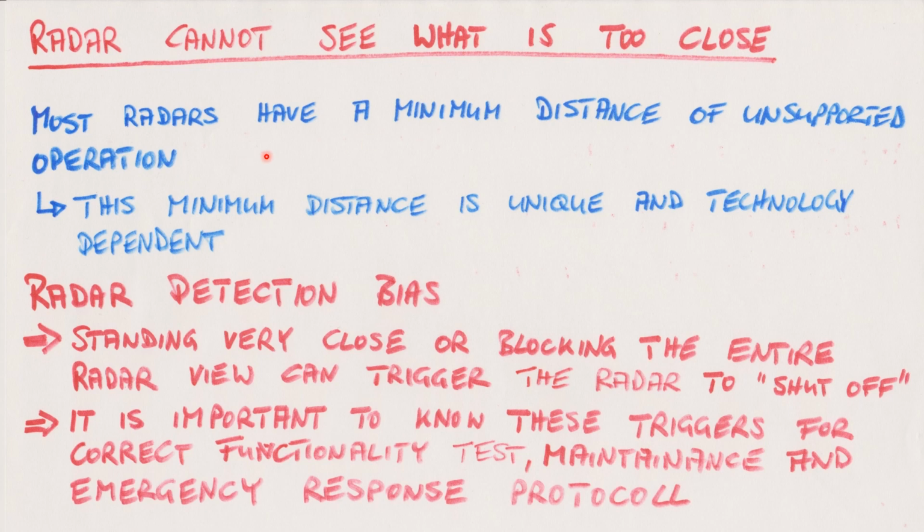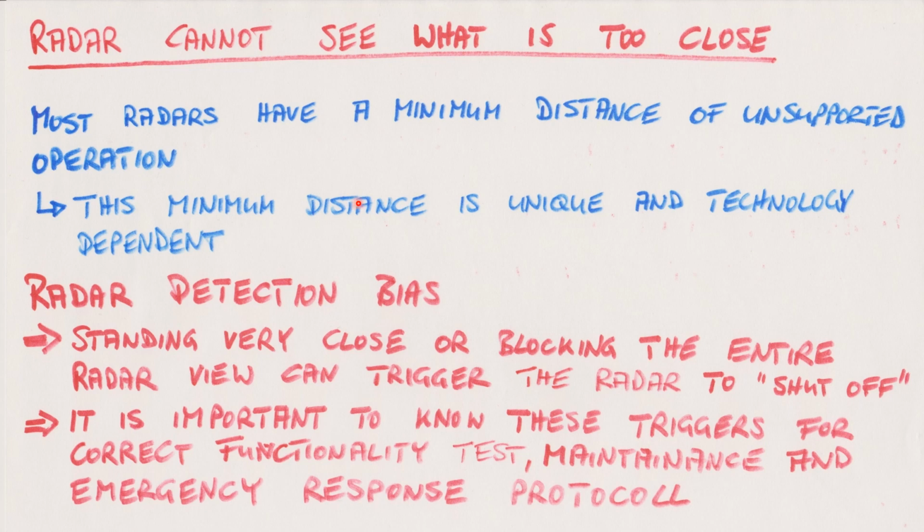If you block them, for example by putting the palm of your hand right in front of the sensor, most radars will have a minimum distance of acceptance and go to an unsupported operation, shut off and not react anymore if the very close front of the radar, the very close view, is completely or to a high percentage blocked.